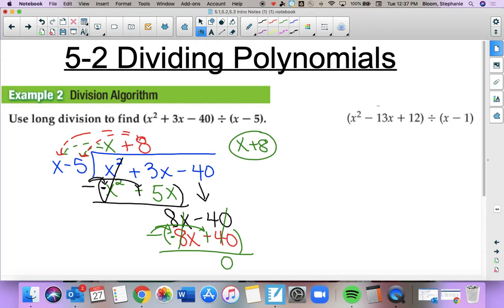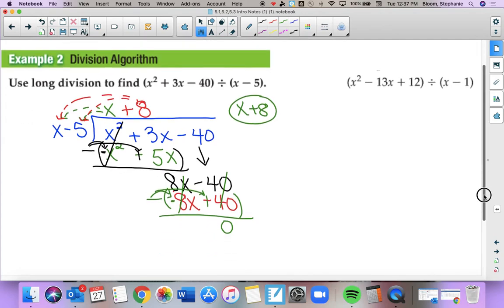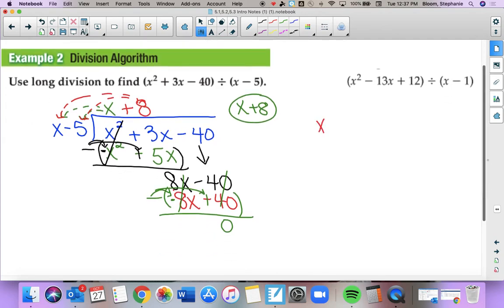Okay, we're going to do one more like this. All right, so here we go. I have x minus 1 on the outside, and then I have x squared minus 13x plus 12 inside. So x times what equals x squared? X. Then I distribute it through.